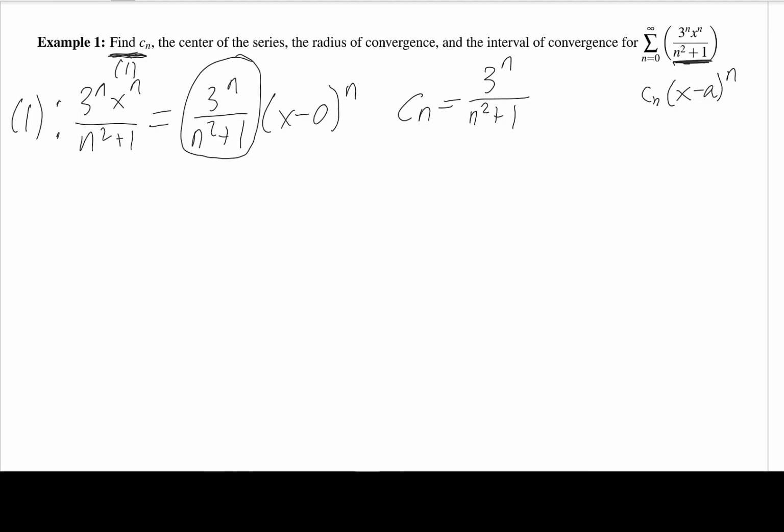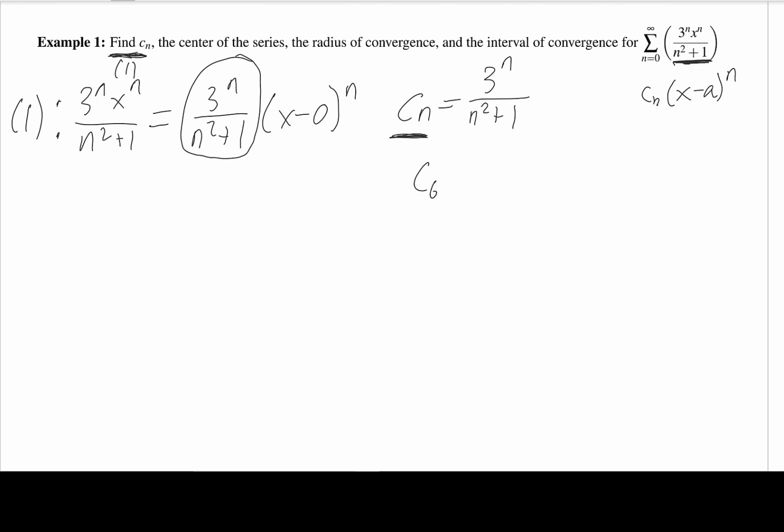So if I asked you for the coefficient of, say, the sixth term, then what you would do is you would plug in 6 into the c sub n to get the coefficient, right? And so it would be whatever c sub 6 is.